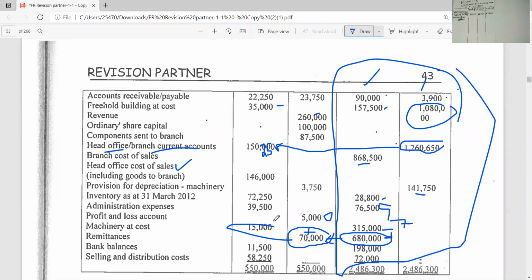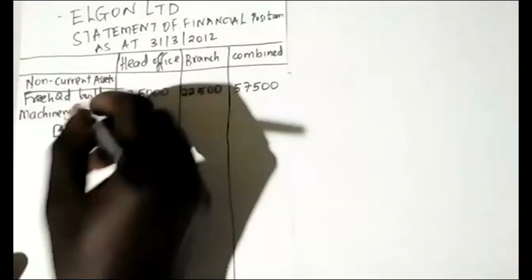Then for the branch is the one which we translated. Then we have to minus the provision for depreciation, this one. Provision for depreciation. For the head office, I can see 3,750. That is provision for depreciation, so that we get the net book value.